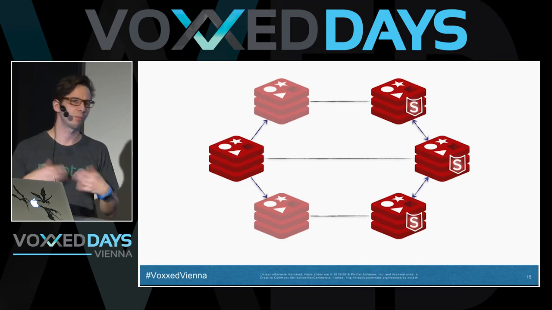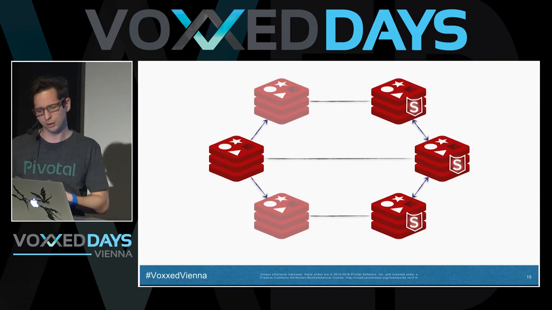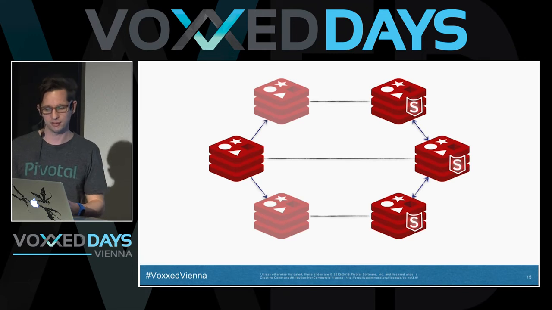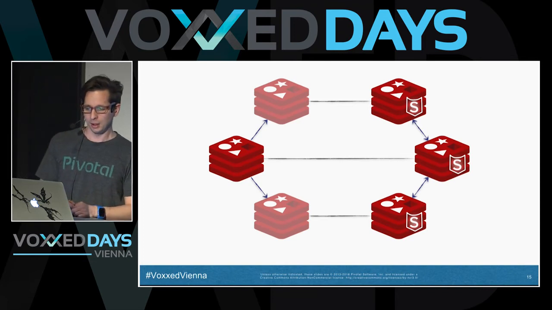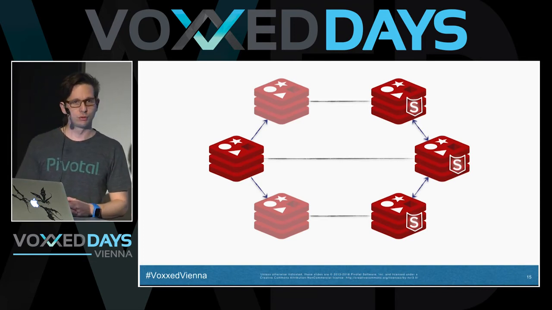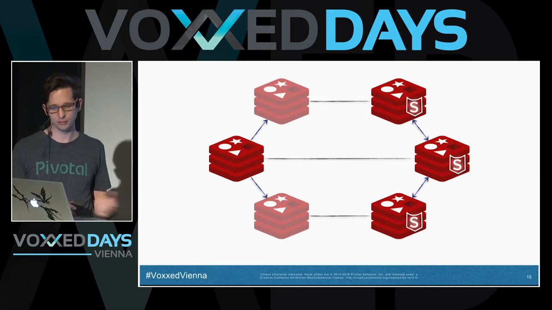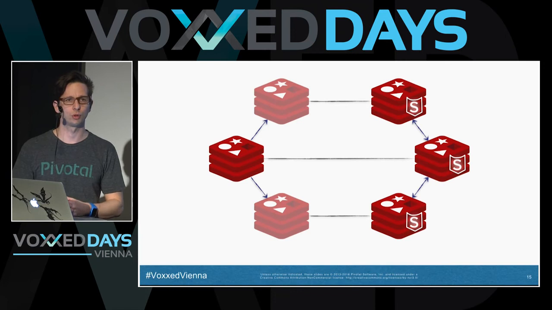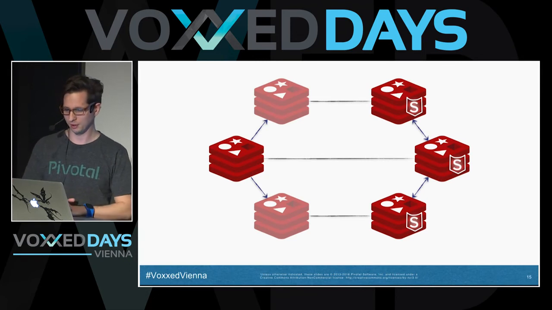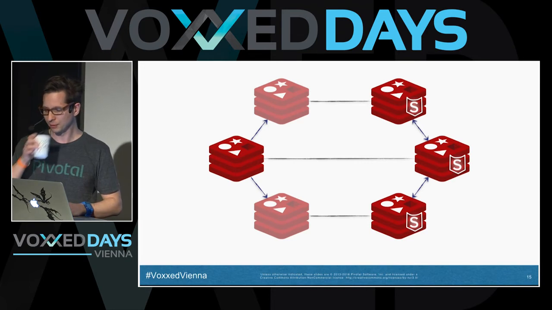So your application might fail, but it won't be too long, depending on the configuration you have and that Sentinel provides for how long it takes to promote a new master. And yeah, so this is much more convenient. And you got all your key space still on one server, and it's not distributed, so it's not spread around a cluster in that case. So it's pretty easy to interact with.